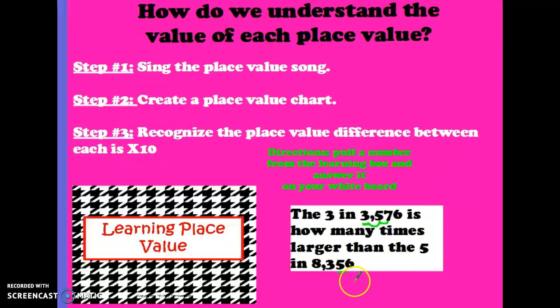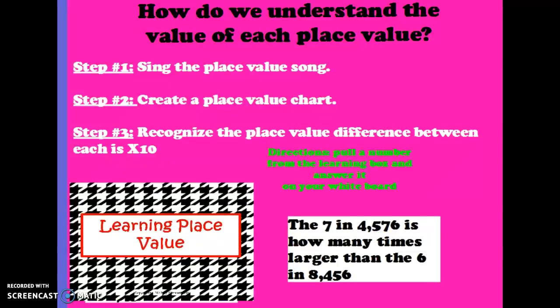But let me show you a different example that actually shows the 10 times greater value just by moving 1 place value over. In the previous example, I somewhat tricked you because I went from the hundreds to the thousands place value. In this example, I'm not tricking you at all. The 7 in 4,576, with the 7 placed right here in the tens place value, is how many times larger than the 6 in 8,456, which is in the ones place value?